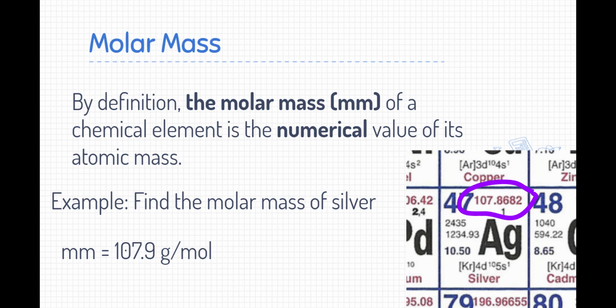The atomic mass of 1 silver atom is 107.9 atomic mass units. By definition, the molar mass is 107.9 grams per mole, or 1 mole of silver atoms has a mass of 107.9 grams.